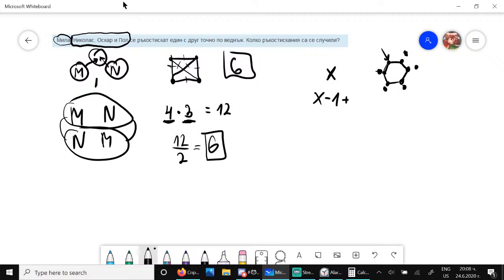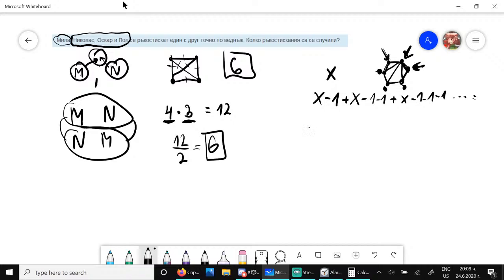Then the second person, this one, already high fived with the first one, so he has to high five with this, and this, and this person. So he has x minus 2 high fives. The third one has x minus 3, and so on.